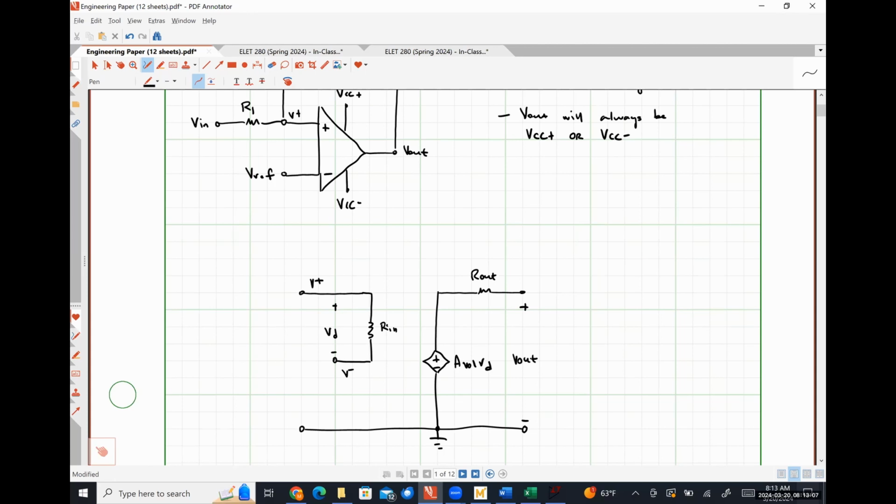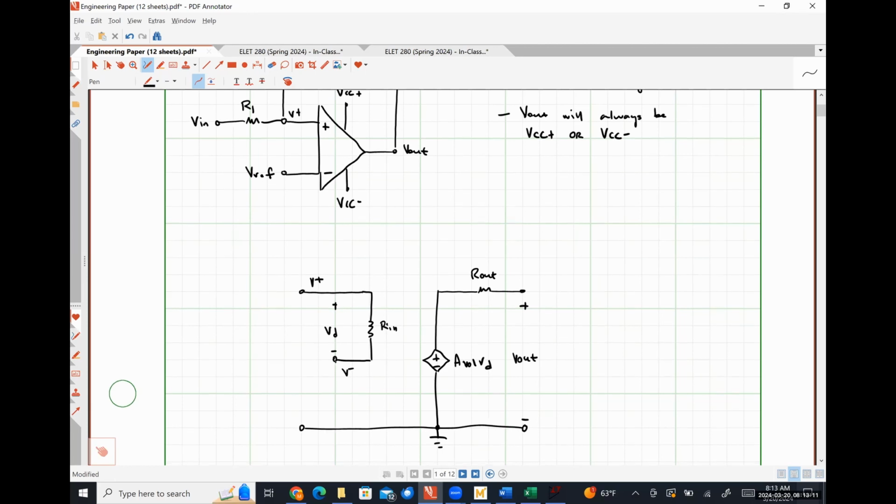So I can see that I have a reference voltage connected between my inverting input terminal and ground. So that means Vref is going to be right here. I have a resistor R1 in series with my input voltage source between the non-inverting input terminal and ground. So let's do something like this.